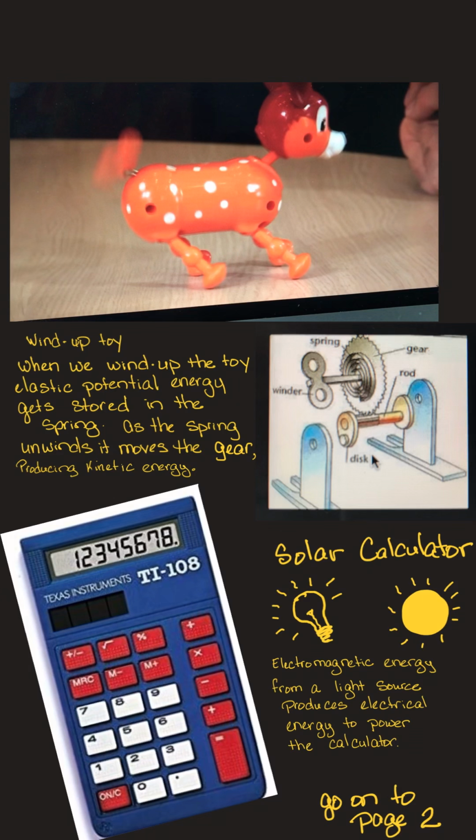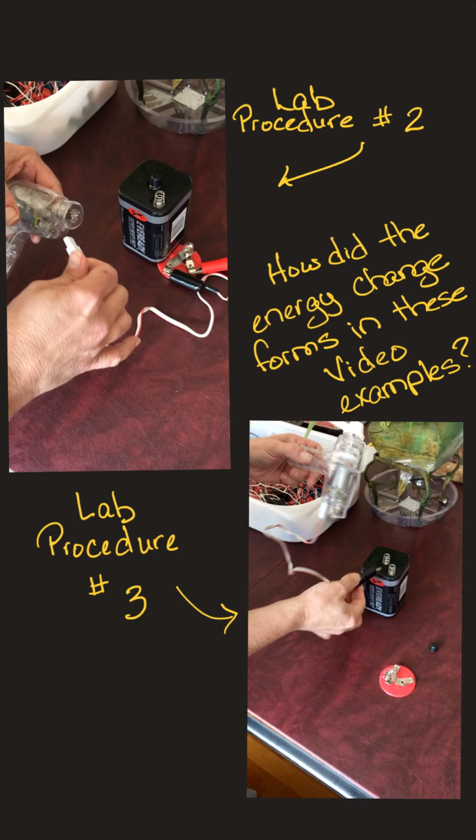Now let's take a look at page 2. For procedure number 2, it asks you to connect the wires of a handheld generator to each side of the socket. Turn the crank on the generator and observe what happens. Let's take a look.